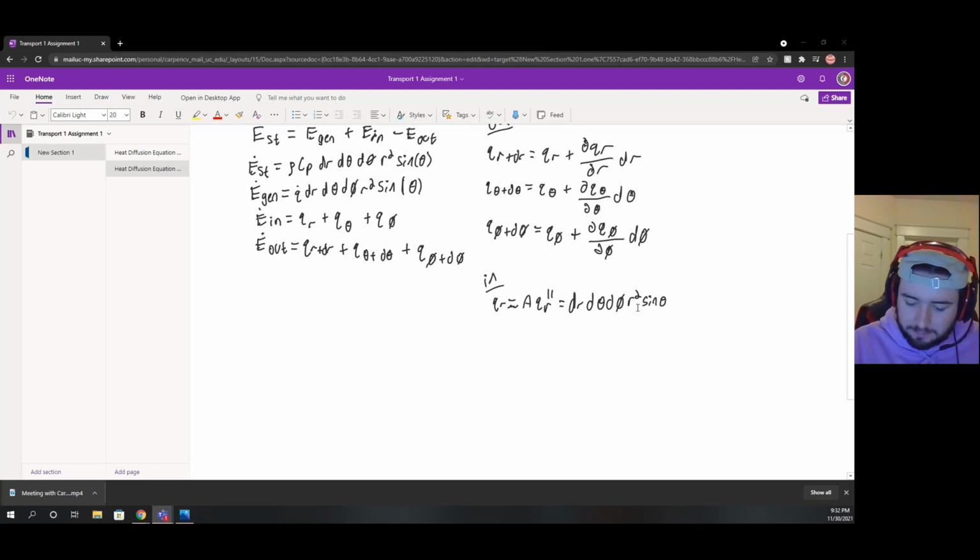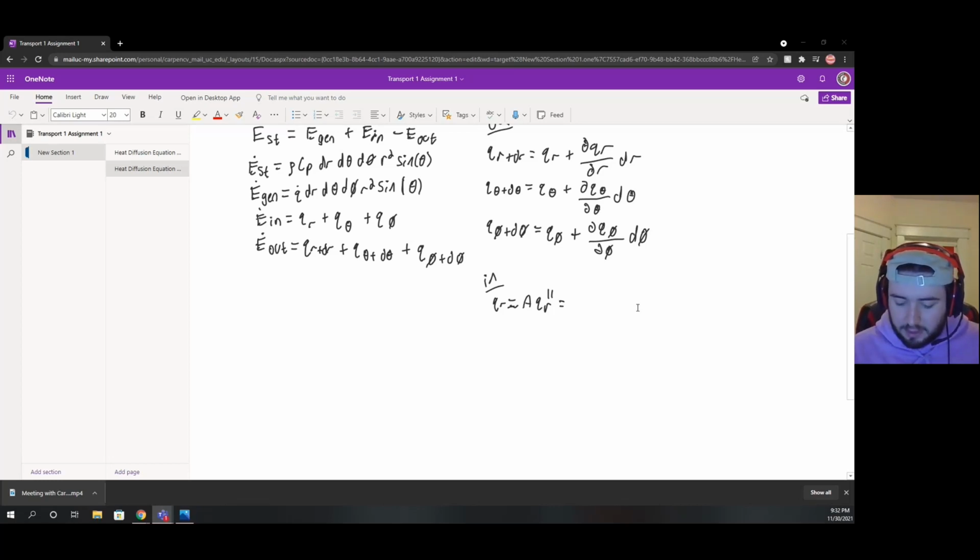No, sorry, that's our volume. My bad. Just erase that real quick. Our area for this is going to be the plane in which the heat flow in the r direction travels through.